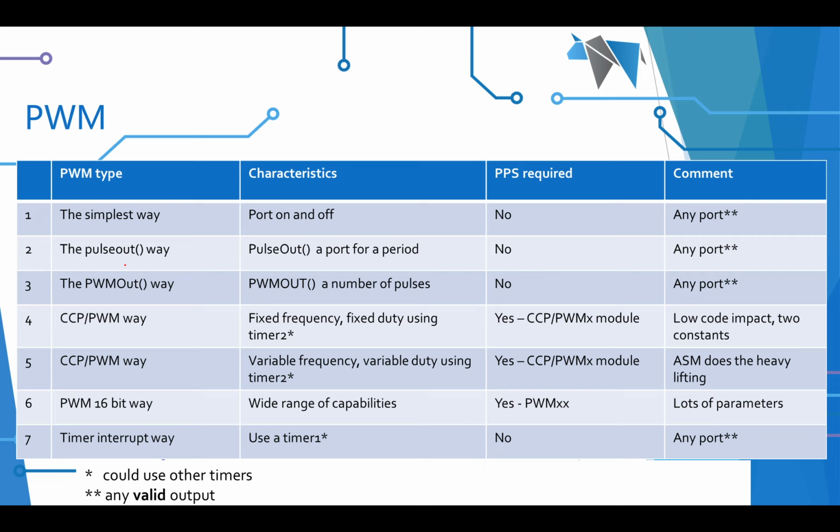There's one called PWMOut, and that's if you want to send a number of pulses out, this could be the answer for you. If you just want to send out 4 pulses, you go PWMOut, number of pulses, and we'll see that, and you can do that to any port. And then you've got this one called CCP, compare. The compare PWM, we have a fixed frequency, and it's very low impact in terms of the amount of code required.